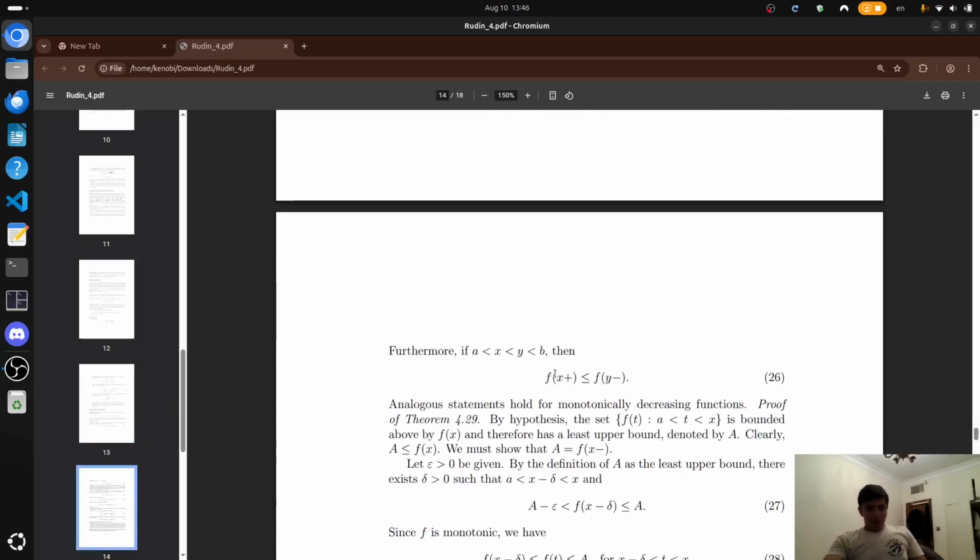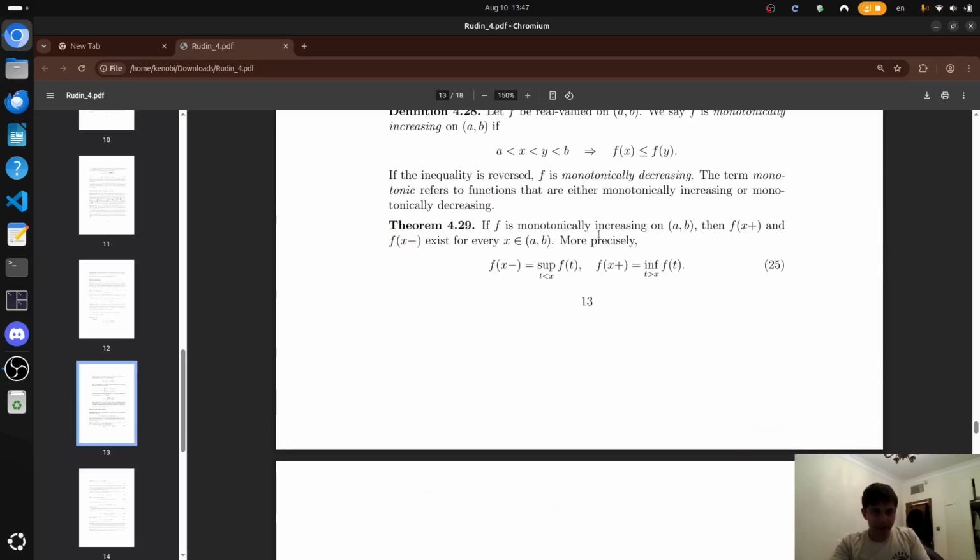And likewise, if you have a less than x less than y less than b, then we know that f(x) is less than or equal to f(y), obviously. And when you take f(x+) and f(y-), this is for monotonically increasing functions.